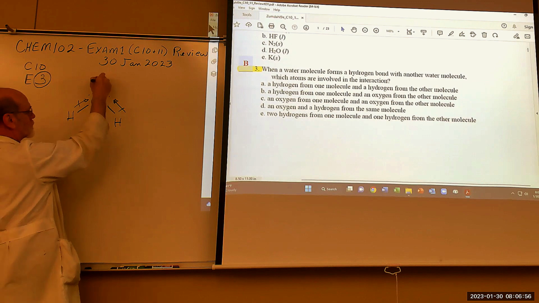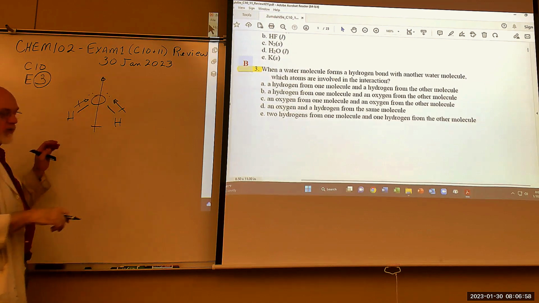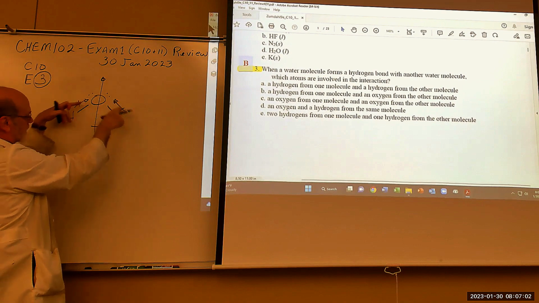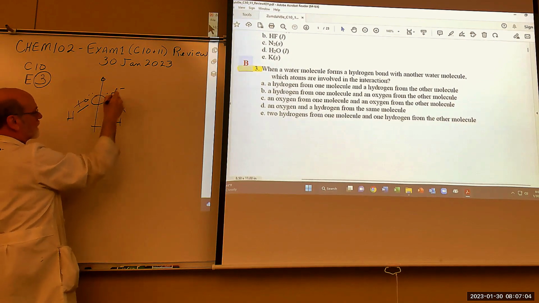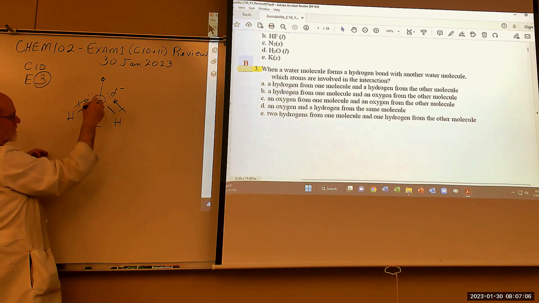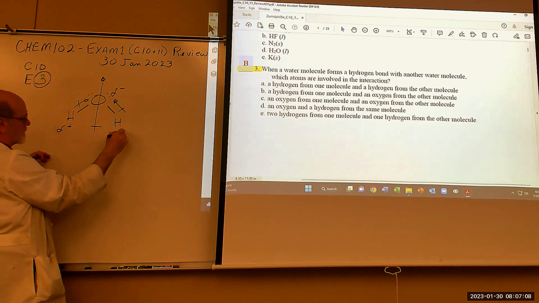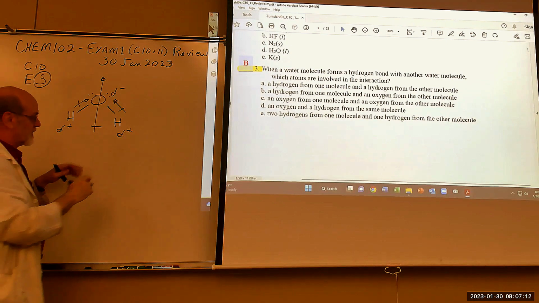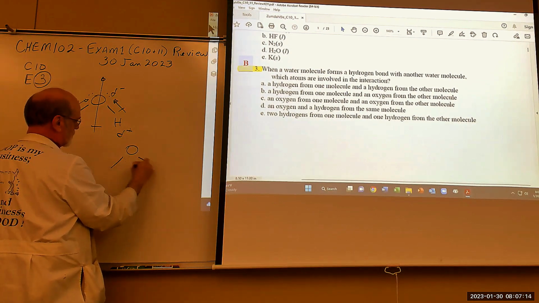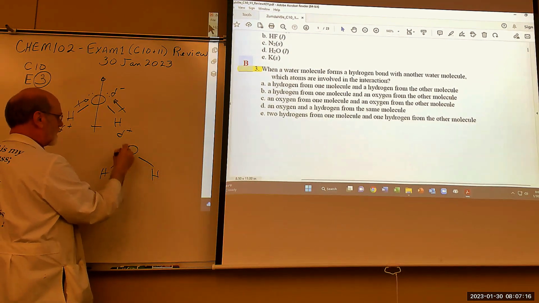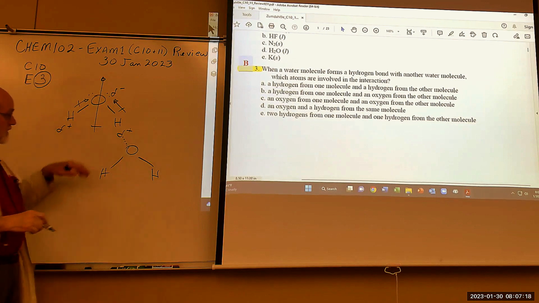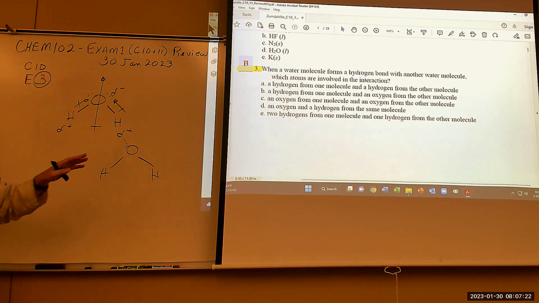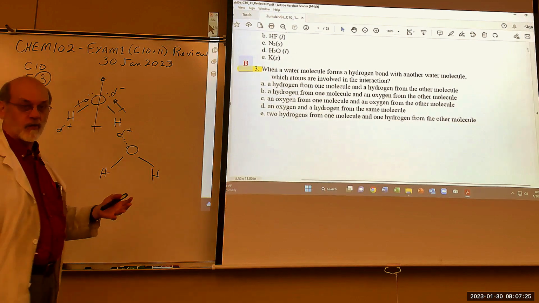And overall, of course, it's polar that way. But when we're talking about individual atoms, we want to look at what does this effect have on it? Well, that's a slight negative charge up here. These are slight positives. Okay, so how are they going to orient themselves? They're going to be like this. And so hydrogen on one molecule interacts with the oxygen on another molecule in electrostatic form.